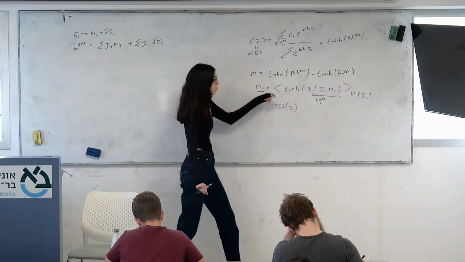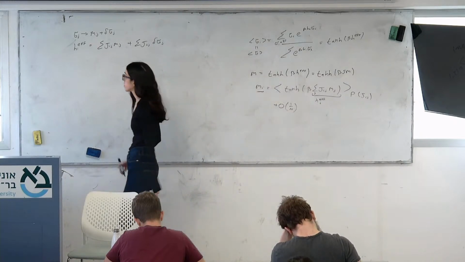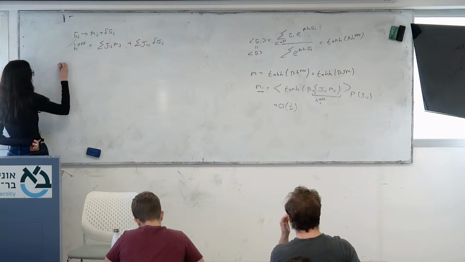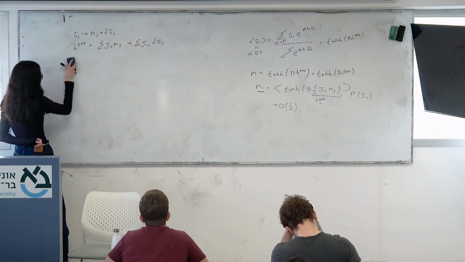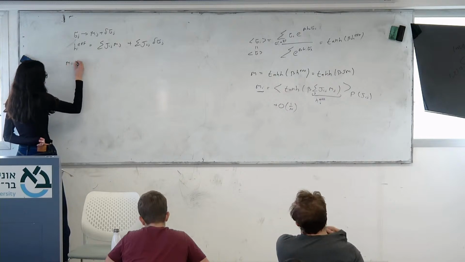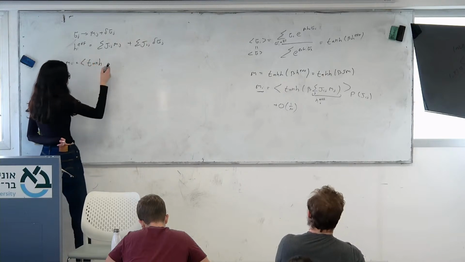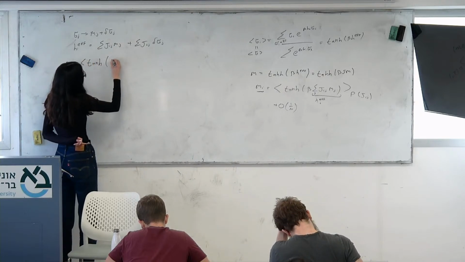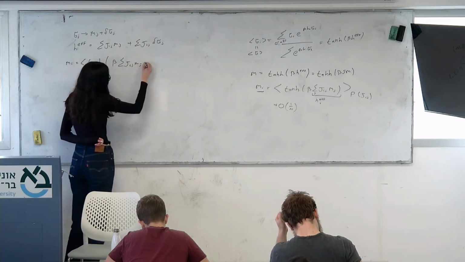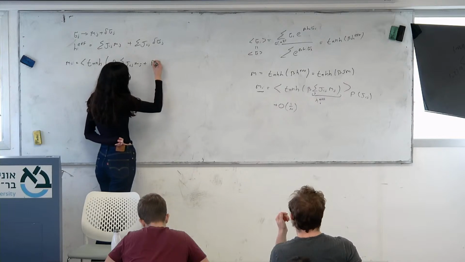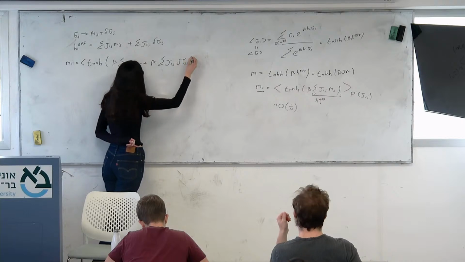So if we add it here inside where the effective field is supposed to be, we have the average of mi is equal to the average of hyperbolic tangent of beta Jj mj plus beta Jj delta sigma j.